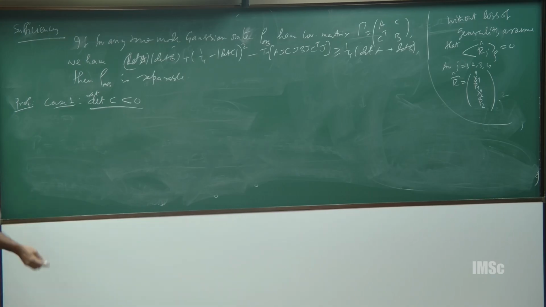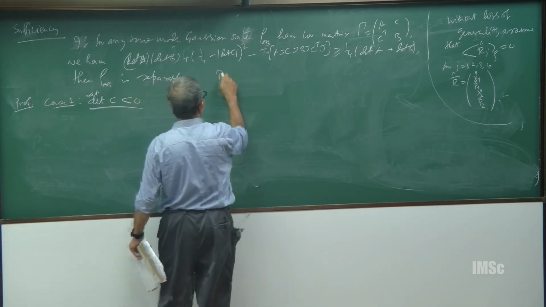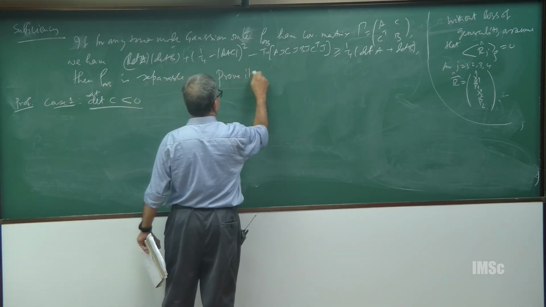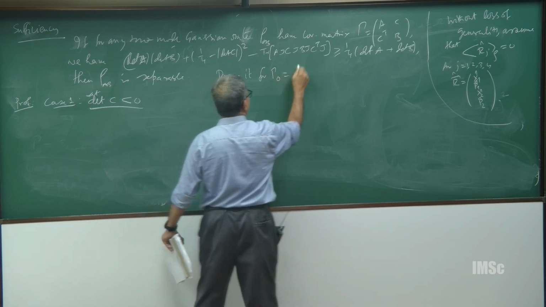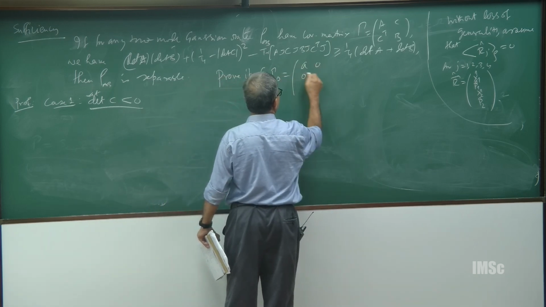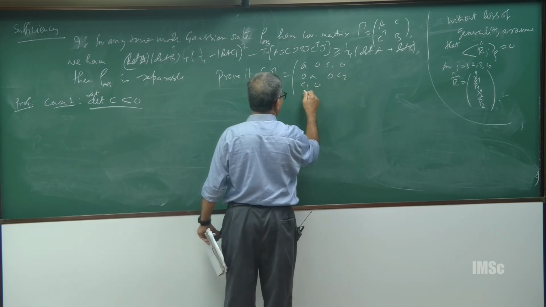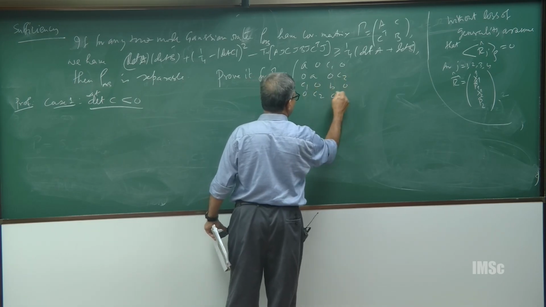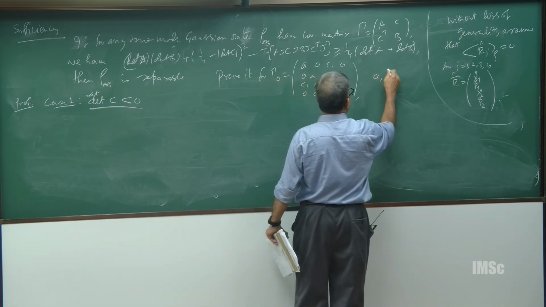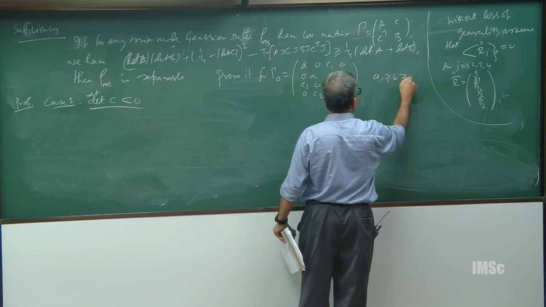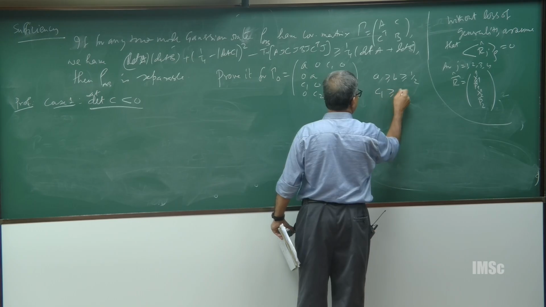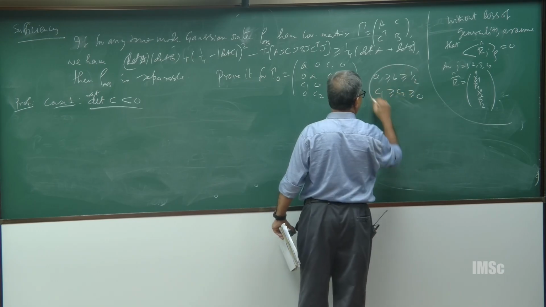I will prove it for gamma 0, which is A 0 0 A, C1 0 C2, C1 0 0 C2, B 0 0 B, where you can take A greater than or equal to B greater than or equal to half, C1 greater than or equal to C2 greater than or equal to 0.